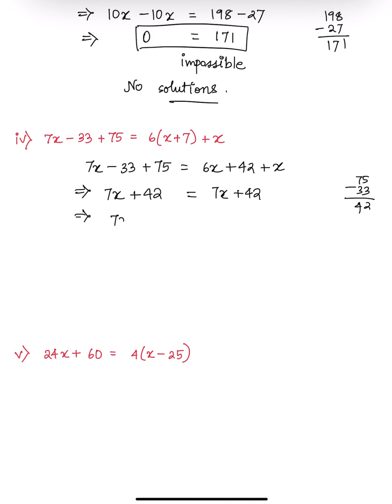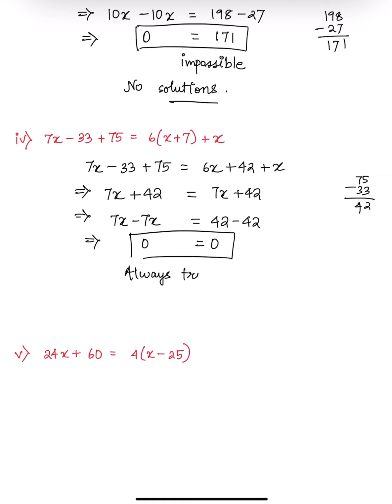Now 7x minus 7x is 42 minus 42. This gives us 0 equal to 0. Now this is always true. If it is always true, then there are infinite solutions. Okay.